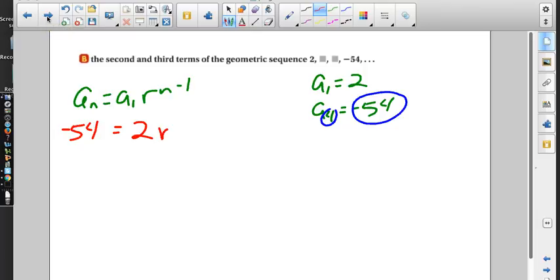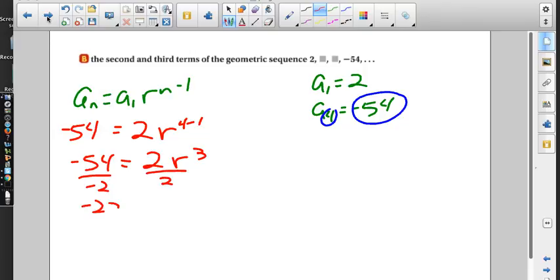And then I'll have my little r to the 4 minus 1 power. Well, usually I wouldn't write 4 minus 1. I'd do 3 this way. But I think we know how to solve that. I'm going to have to divide both sides by 2. And then do cubing, the cube root.